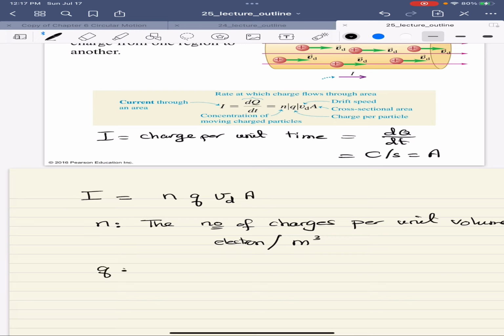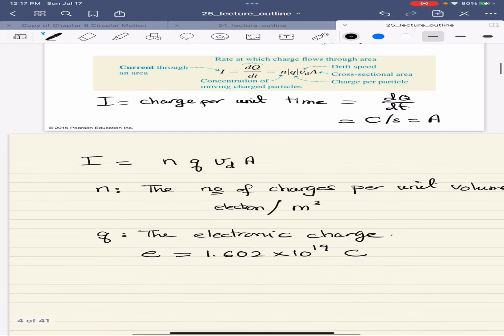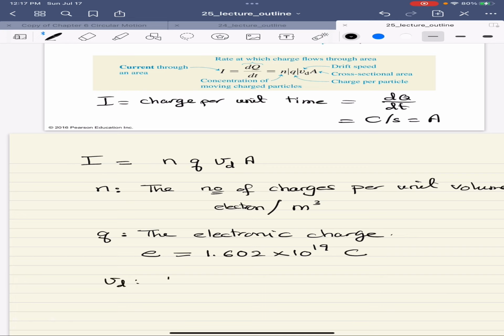Q is the electronic charge, and sometimes you're going to see that I will use E for it. And of course for the electron it is negative, but I'm interested in the magnitude. And also Vd, we call it drift velocity, and that is in meters per second.